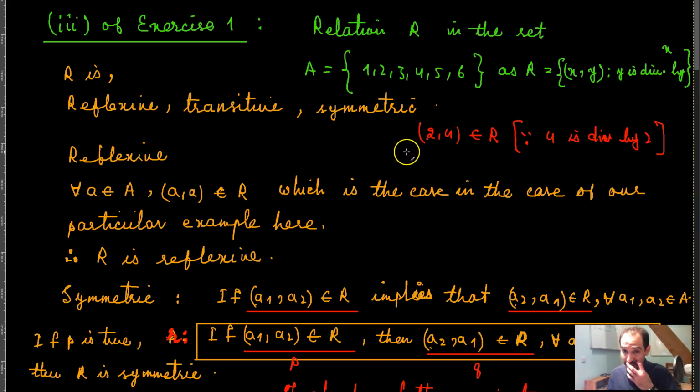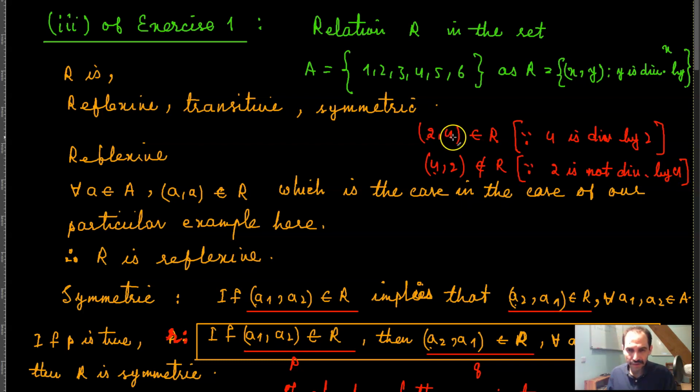But basically 2 is not divisible by 4, meaning that you cannot say then 4, 2 belongs to R, because 2 is not divisible by 4.